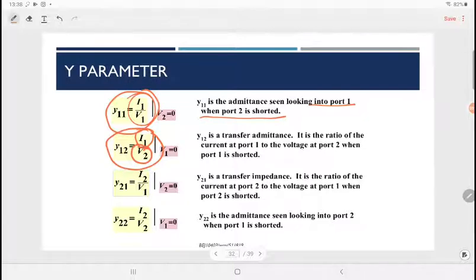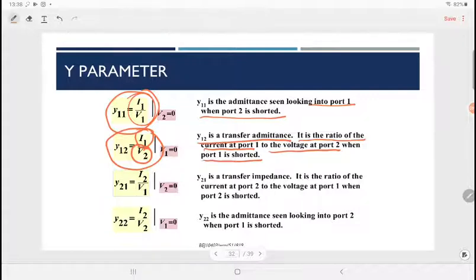Therefore, Y12 is known as the transfer admittance. It is the ratio of the current at port 1, which is the input part, to the voltage at port 2, which is considered as your output part, right? This can be achieved when your V1 equal to 0, or your input part is shorted. Then Y21 is I2 divided by V1 when your V2 is equal to 0.